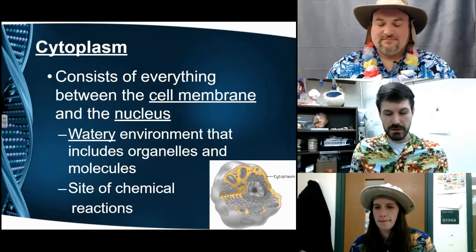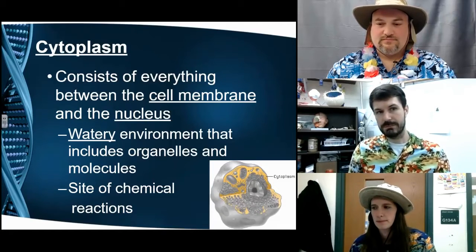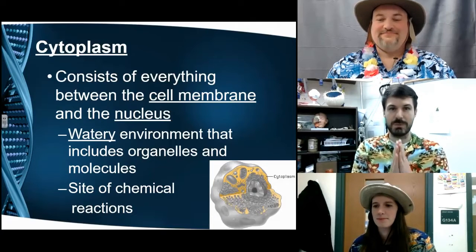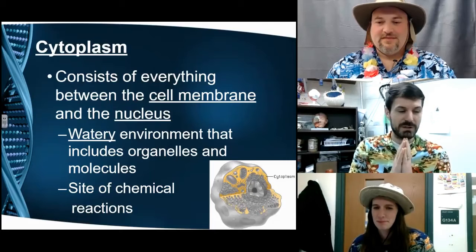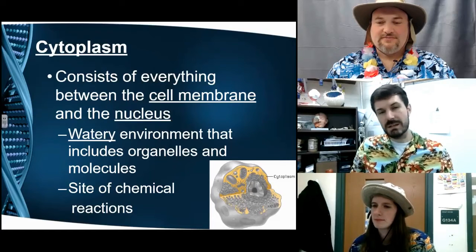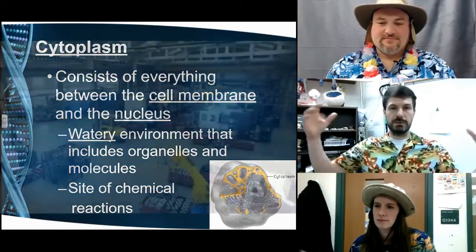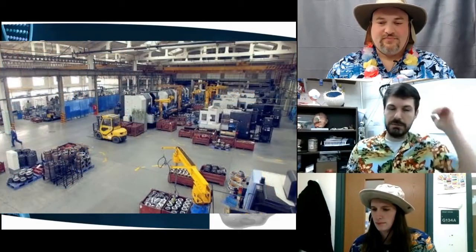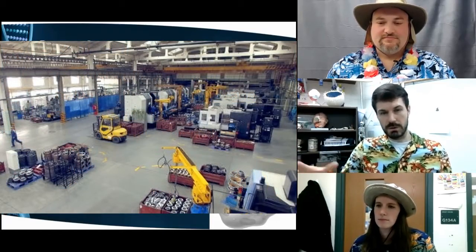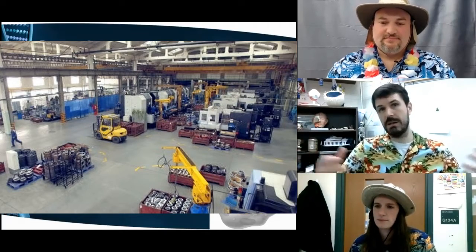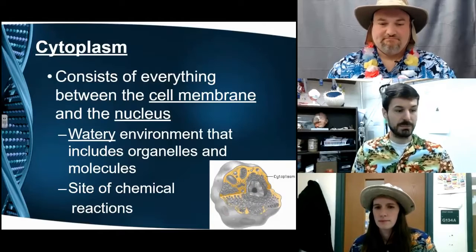It's like in a cookie factory, where organelles are parts of the factory. If you were taking a tour of a cookie factory, the cytoplasm would be kind of like the air filling up the space inside the factory, maybe the floor space where all the machines and people are found and do their work. So that's the cytoplasm.